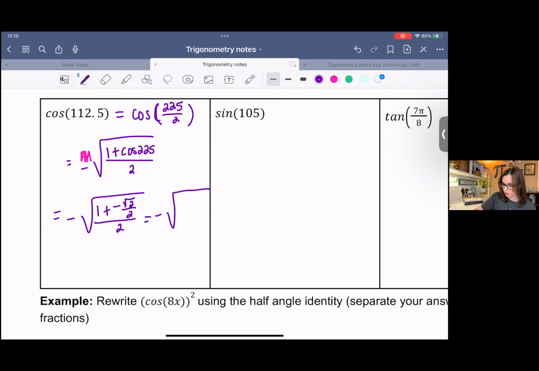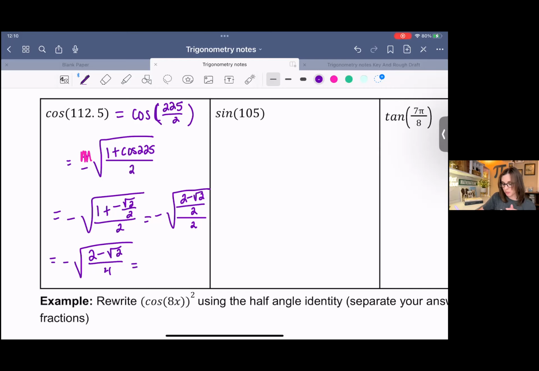We have 2 over 2 for 1. And then join that together. Divide by 2. If we flip 2 over 1 to be 1/2 and multiply it by the numerator, I will now have negative square root of 2 minus root 2 over 4.